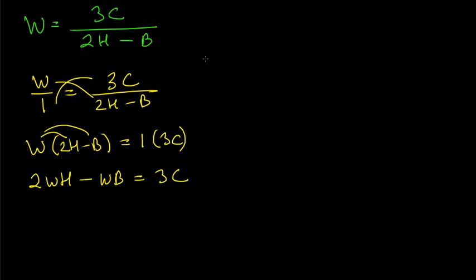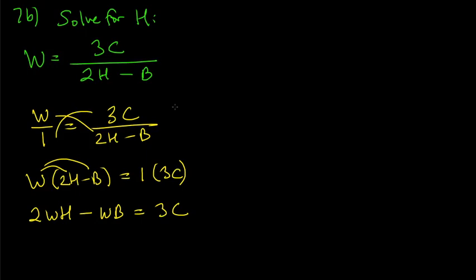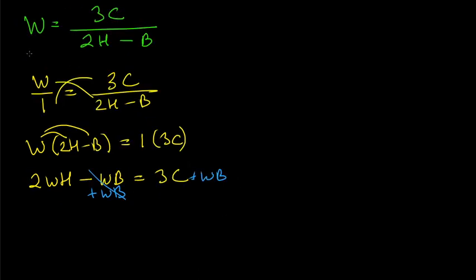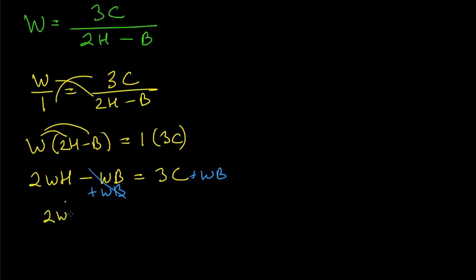We're solving for h, right? We're solving for this letter here. So the w and the b can go on the other side. I can add wb to both sides, and this just adds up to 0. So now on the left side, we're left with 2wh. Oops, sorry. I don't know what happened there.